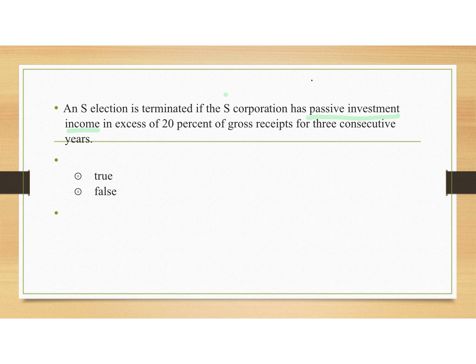So this question says, an S election is terminated if the S corporation has passive investment income in excess of 20% of gross receipts for 3 consecutive years. Okay, so this is false. All right, and the reason it's false is because this should say 25% for 3 consecutive years.